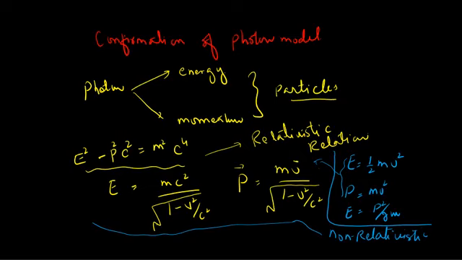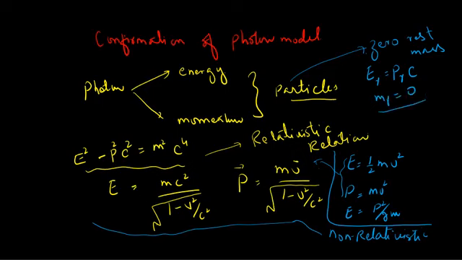When we consider the photon as a particle, then it has zero rest mass. Then the energy of the photon, E gamma, must equal p gamma c when the mass of the photon is 0.